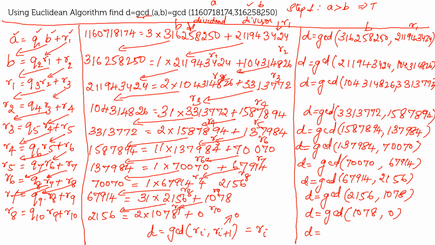GCD will be equal to D is equal to GCD of 1160718174 comma 316258250, which will be equal to 1078. Okay, so your answer is equal to 1078.